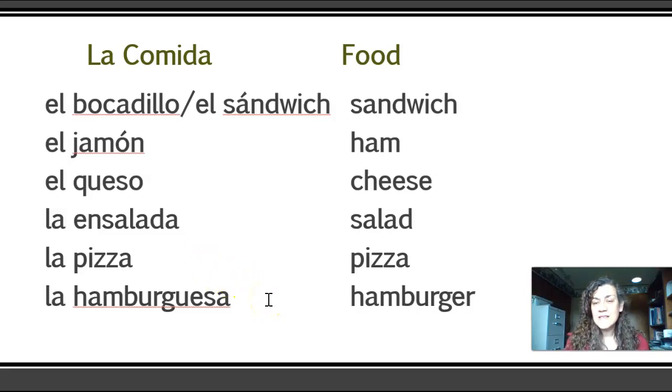La hamburguesa is hamburger. Okay, so we're not going to pronounce that H. That's silent. Hamburguesa. It's actually spelled the same as in English up to the G, and then the rest of the letters are different. La hamburguesa.